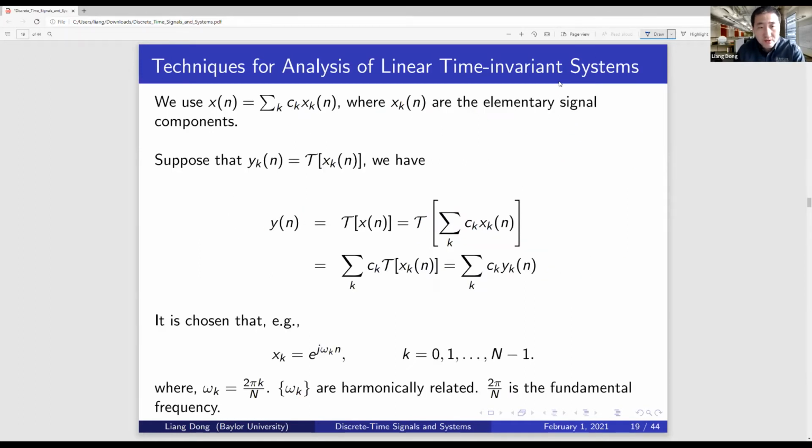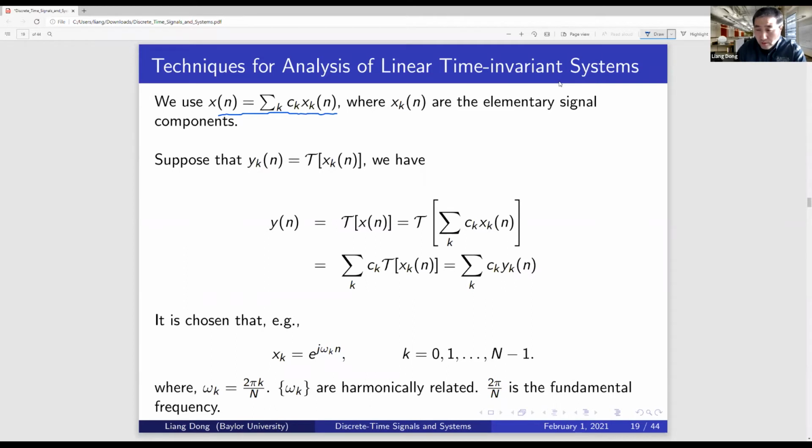Looking into the details of a linear time-invariant system, we use this expression where x sub k are the elementary signal components. We use that to decompose any signal into a sum of those elementary signals.